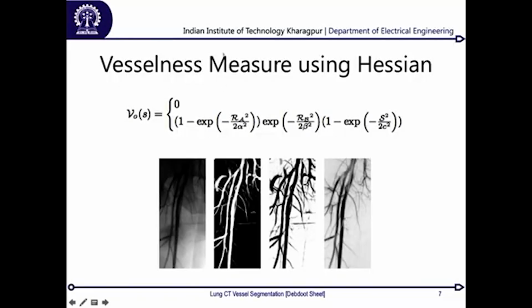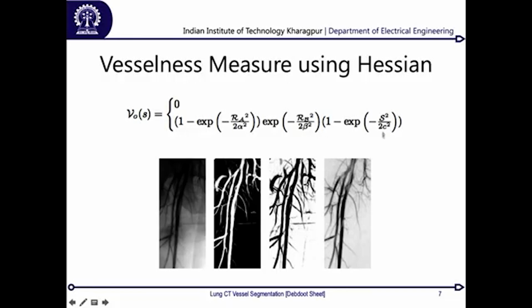You use just those eigenvalues to compute 3 factors Ra, Rb and S, and you have 3 constant coefficients which you tune as per your application, alpha, beta and C. You can always create a wonderful vessel segmentation, and you don't need any learning samples, you don't have bias variations across different imaging instruments, except for this tunability of alphas and betas and C's which you will have to do appropriately.